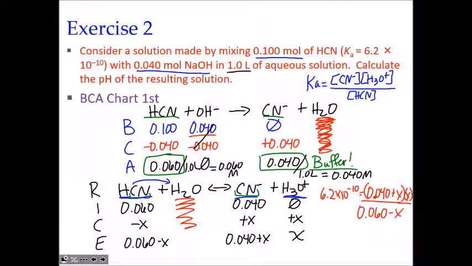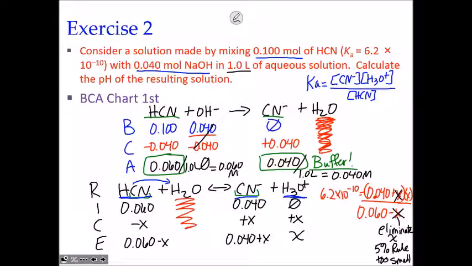Now we still get to use our 5% rule, so we can cross off both of these for the addition and subtraction. Both of them can get eliminated due to the fact that they're going to be too small, less than the 5% rule. Eliminate x, 5% rule, going to be too small, negligible, all those good words.